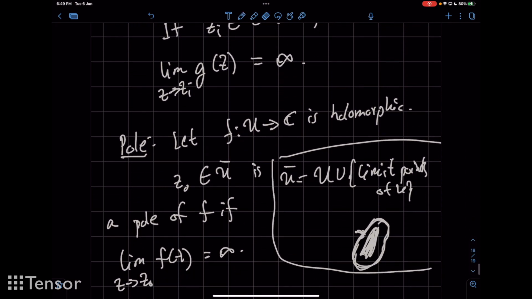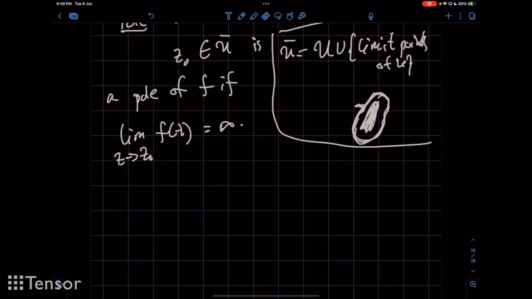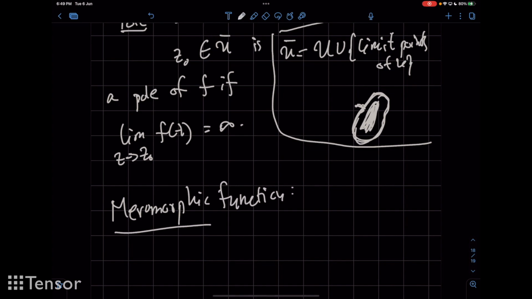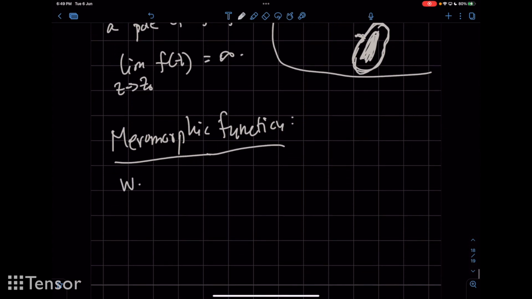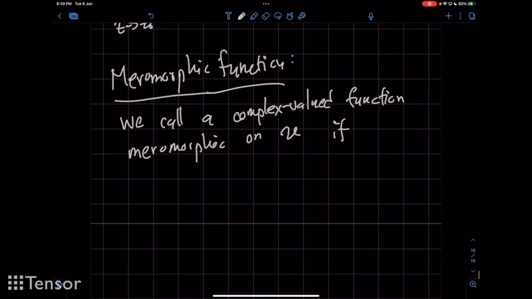Now I'm going to define something that is less powerful than a holomorphic function. Such functions are called meromorphic functions. So we call a complex valued function meromorphic on some open set U if the following conditions hold.